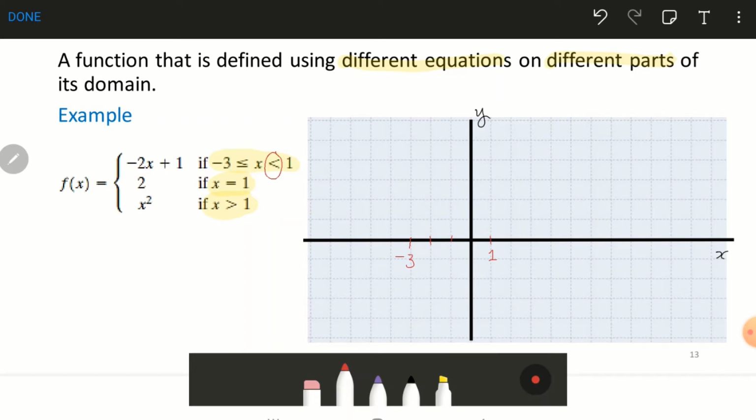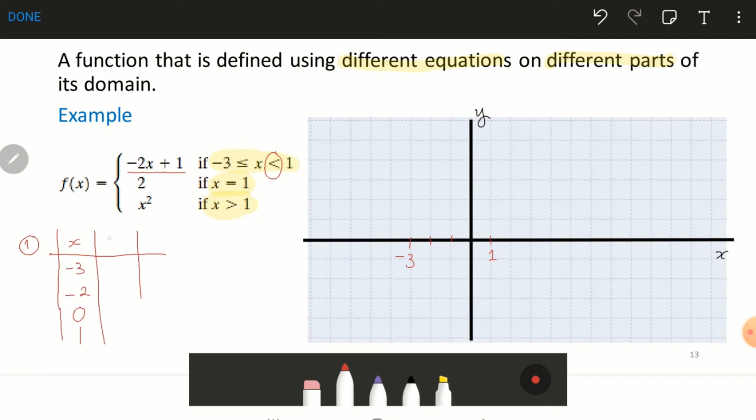So we can make a line over there, because we have this equation. For the first part, let's plot the points. x will be, starting from -3, -2, then we can jump to 0 and 1.